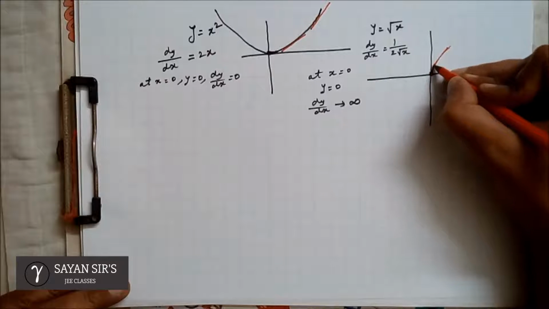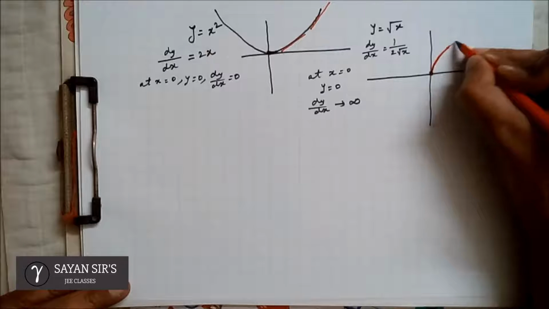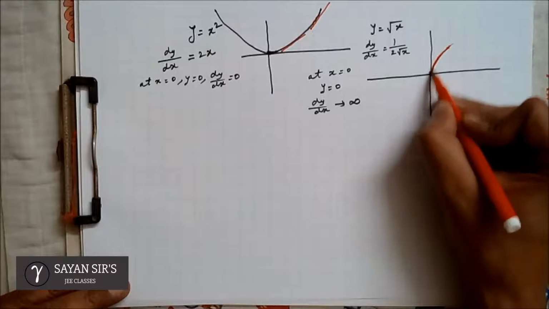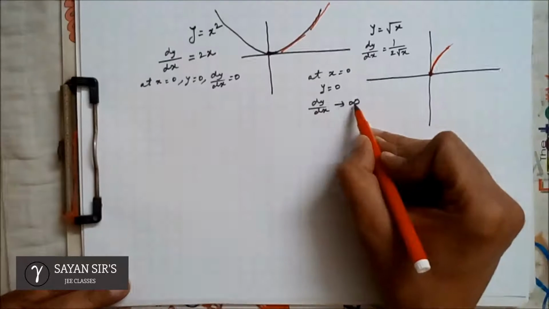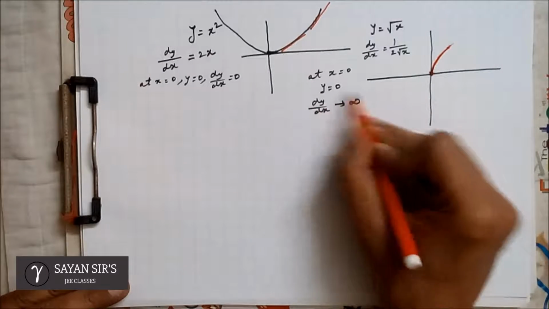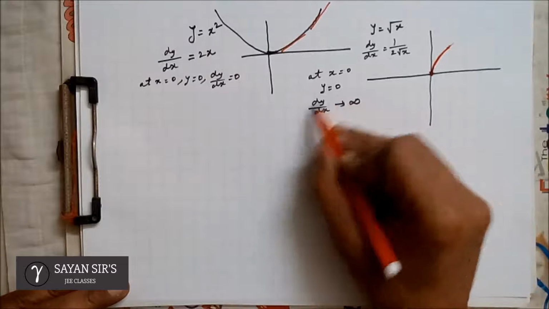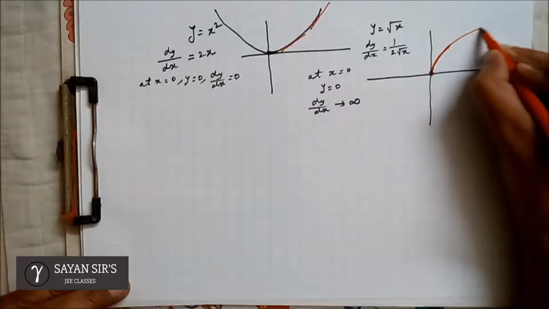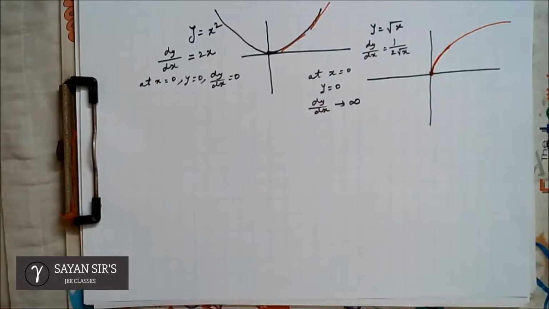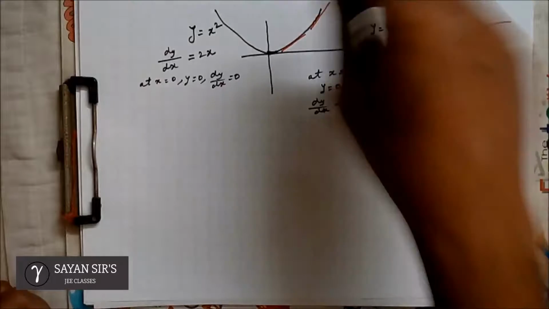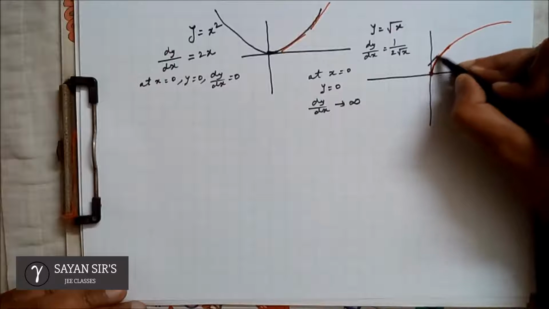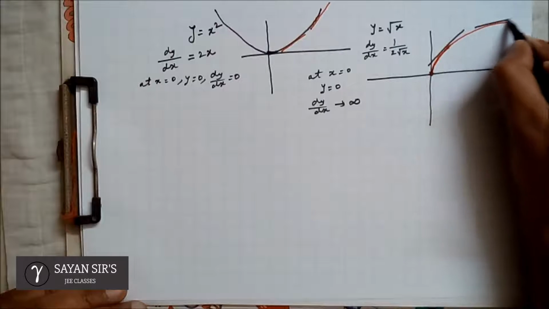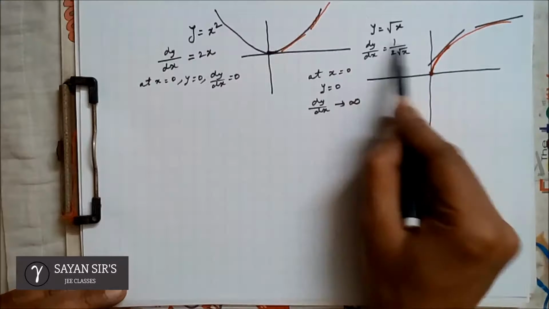So the graph begins like this at an angle of 90 degrees at the origin, because the slope at the origin is 90 degrees, or the derivative is infinite, and the graph goes something like this. So we can see here that as x increases, my slope keeps on decreasing, as indicated by this equation.